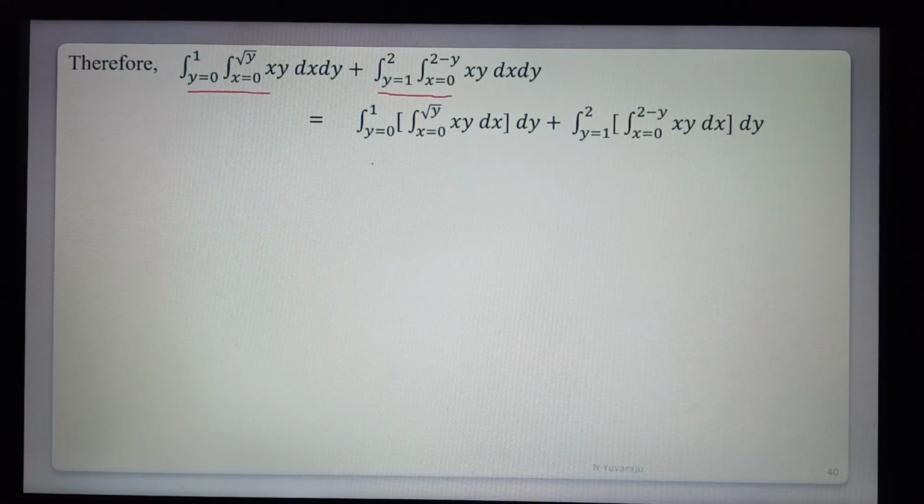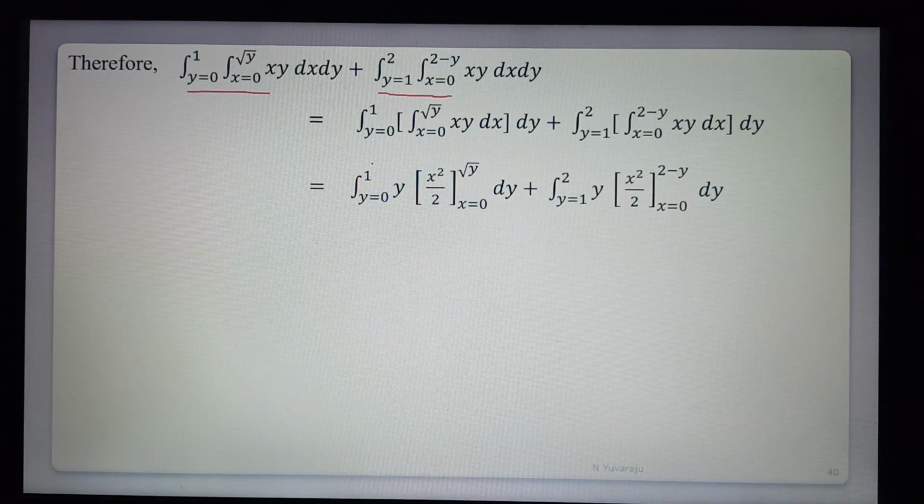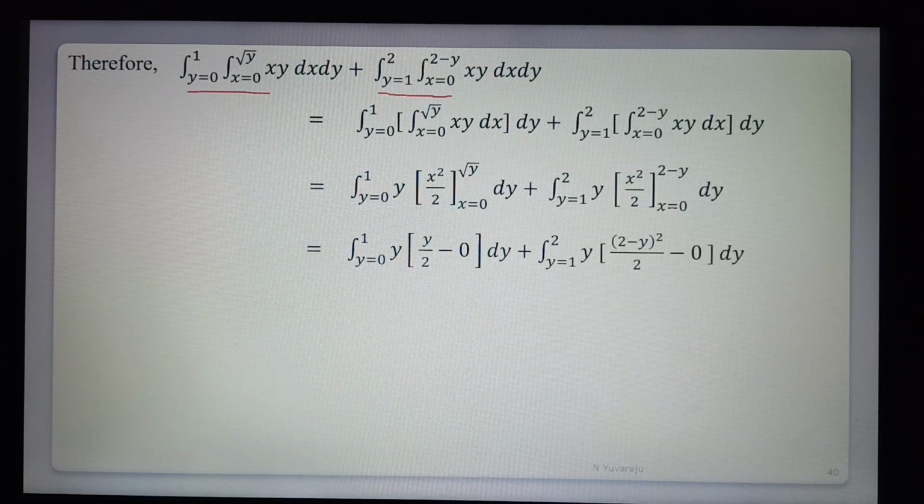So that is equal to, here, y is equal to 0 to 1, integration of x, y constant, x square by 2, x limit 0 to root y, into dy, plus integration 1 to 2, y, x square by 2, x limit 0 to 2 minus y, into dy. Substituting the x limits, upper limit minus lower limit: integration y is equal to 0 to 1, y into x square, which is root y whole square, y by 2 minus 0, into dy, plus integration y is equal to 1 to 2, y into 2 minus y whole square by 2 minus 0, into dy.